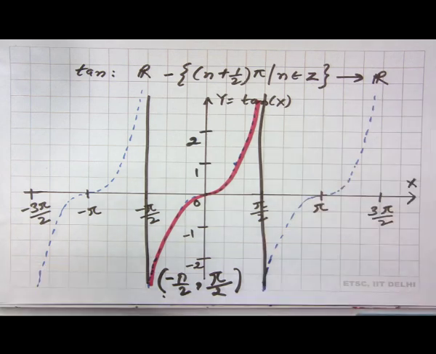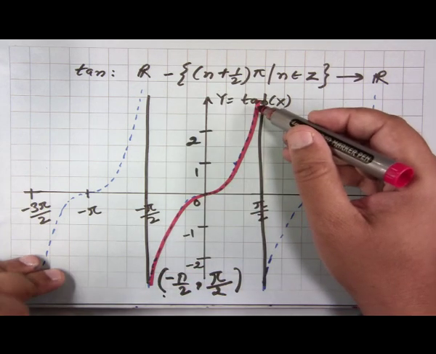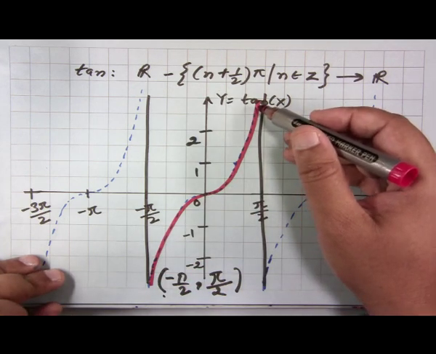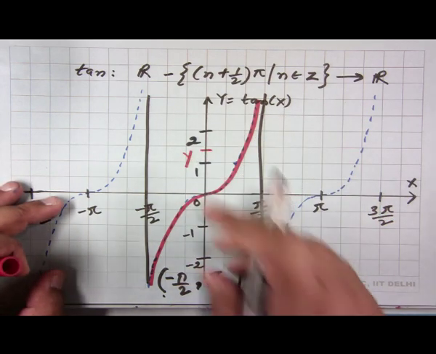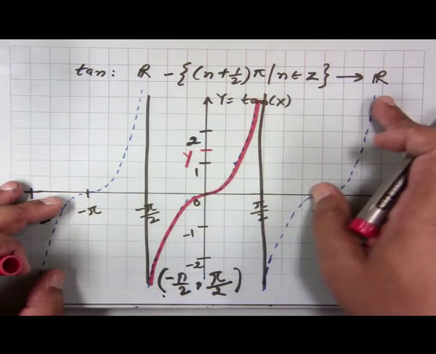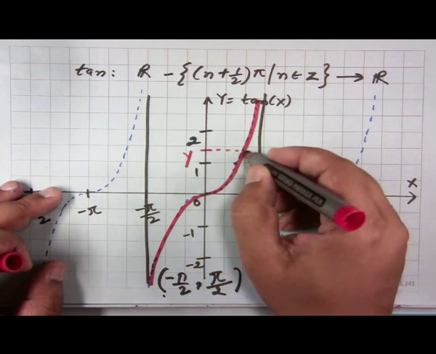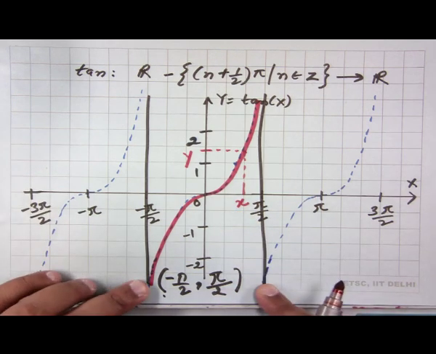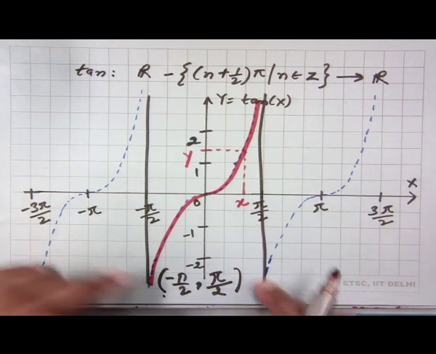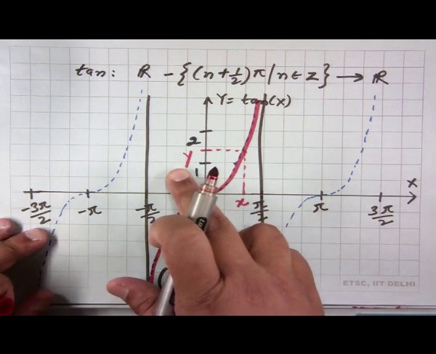The interesting thing, however, is that we see this red curve is a monotonically increasing curve, and therefore it is clear that if we take any value of y in the range of the tan function, so any real value of y, then there will always be a unique value of x in this interval minus pi by 2 to plus pi by 2, such that tan of x will be equal to that y.